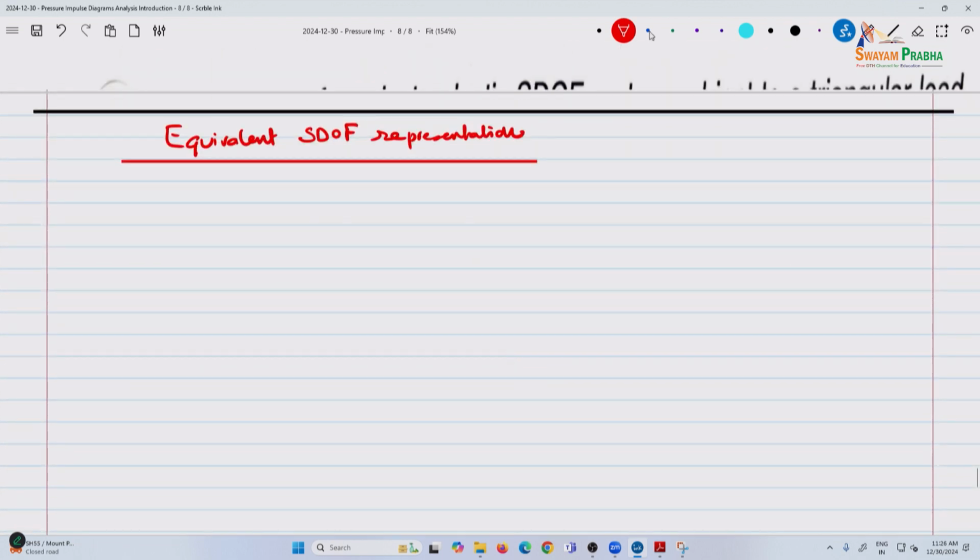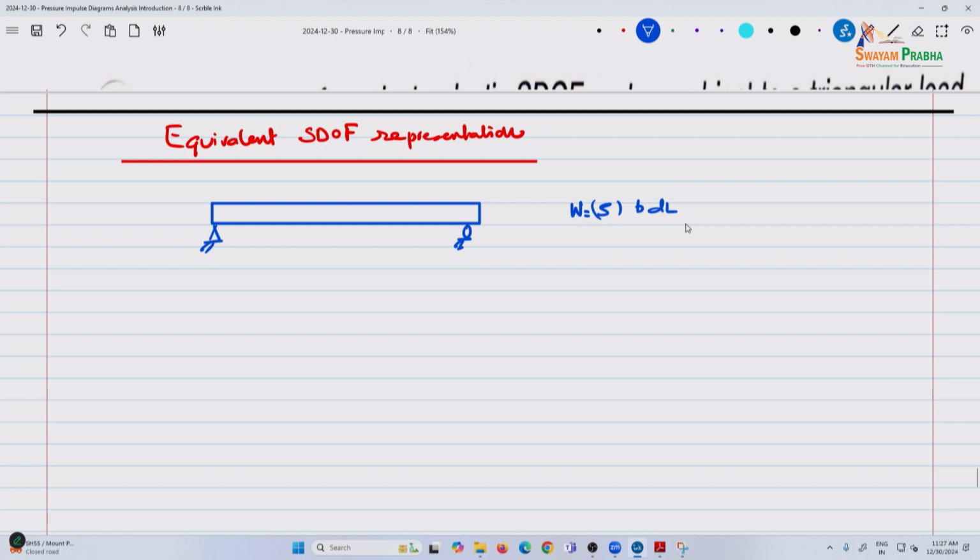For instance, let's take a simple beam, and it's also simply supported. So clearly the weight is going to be your mass density multiplied by your volume, B, D and L. Let's say it's rectangular, D and L.